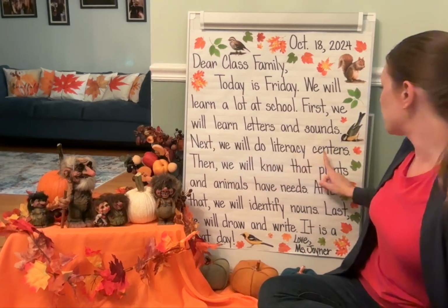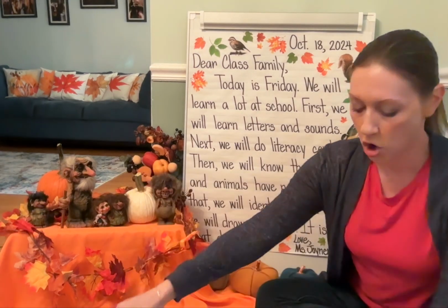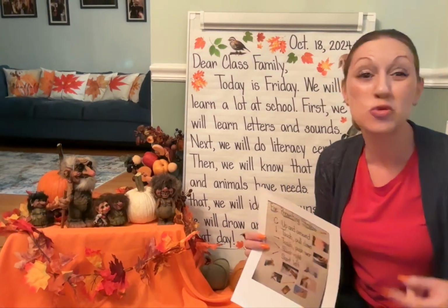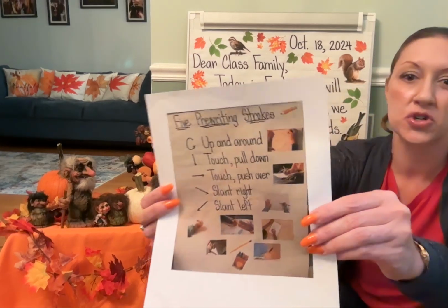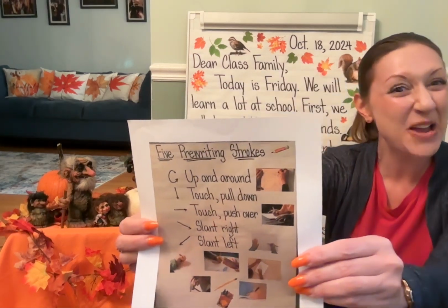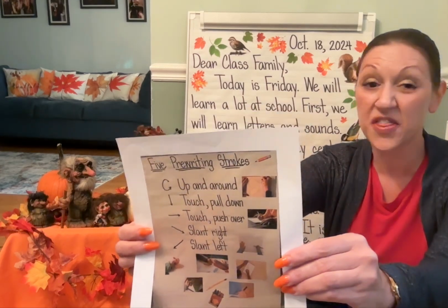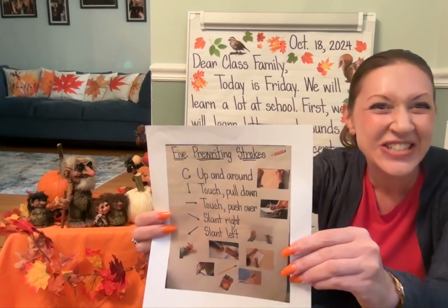Next, we will do literacy centers. We will, and you'll log on independently to your iPad for Lexia Core 5 reading program. We're also going to be writing letters when you write your name, draw pictures, write words, sentences, and numbers, and we're using the 5 pre-writing strokes. Let's review them together as we skywrite. Are you ready, kindergartners?